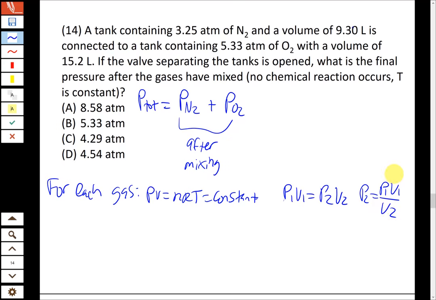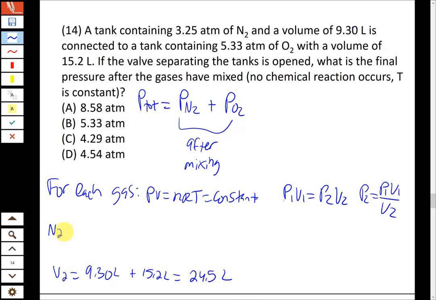All right, so for these problems here, V2, the final volume, is again the sum of the two volumes of the containers that the gases were originally in, because we're allowing the gases to mix in that total combined volume. So V2 is the sum of those two, 9.3 liters for the first tank, 15.2 liters for the second tank, which is 24.5 liters. So that's going to be V2 for both gases.